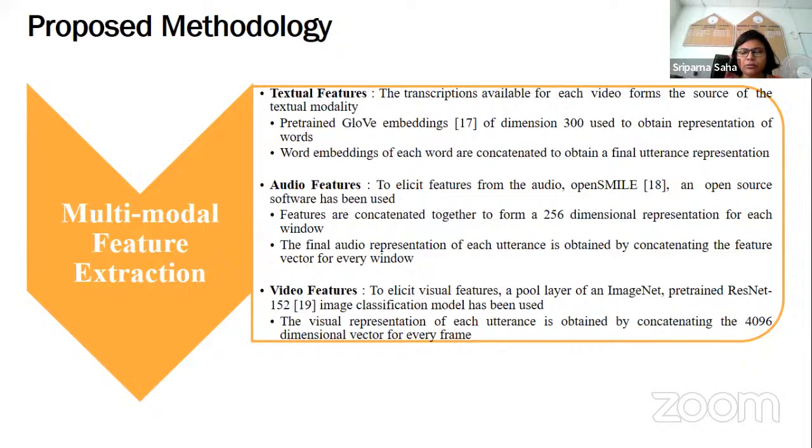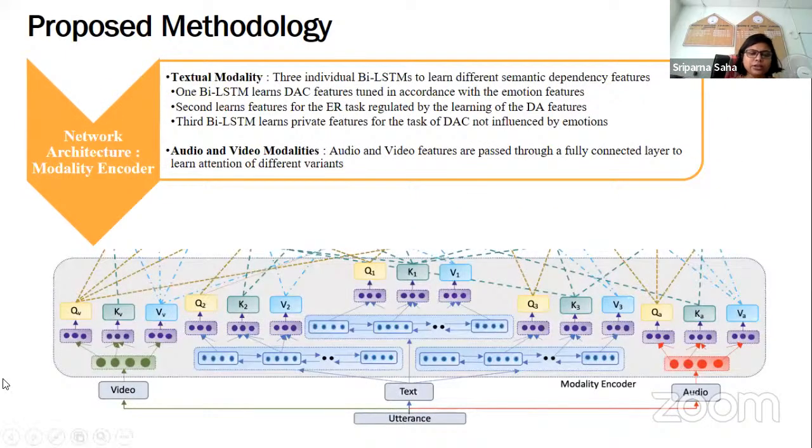We use the ImageNet pre-trained ResNet 152 image classification model. The keyframes are passed through it to get the feature vectors, and then we concatenate them together, or take the average of these feature vectors. So we are generating the video embedding, text embedding, and the audio embedding.